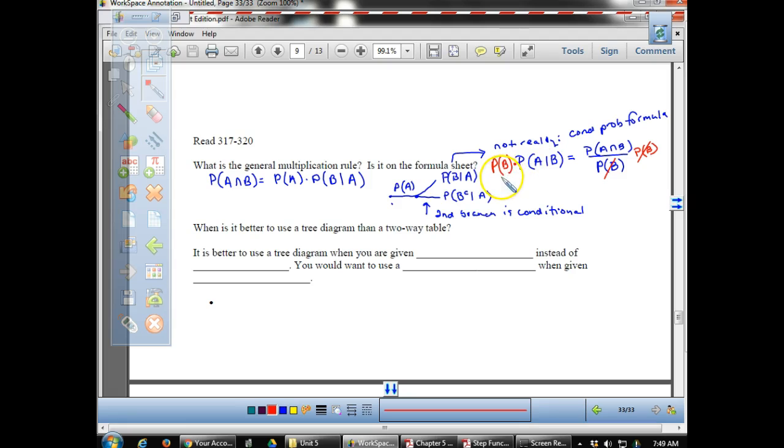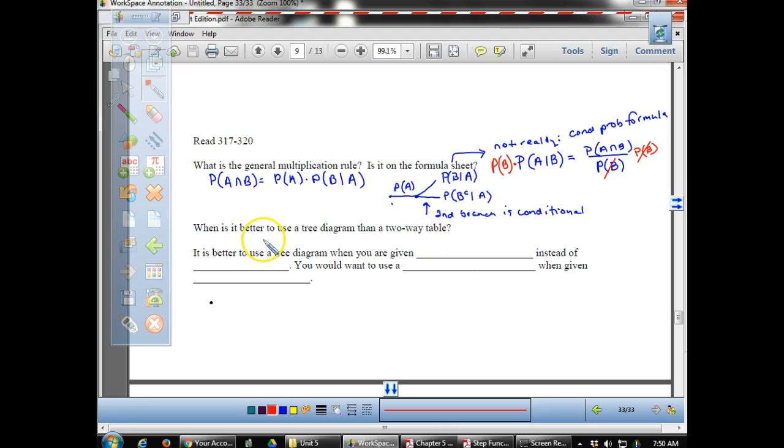So it's a probability of B times the probability of A given that B has already occurred. Now this is kind of reversed, but you can see the similarities. The probability of A times the probability of B given that A occurred. So if you multiply along this path, you can see probability of A times the probability of B given that A has already occurred.